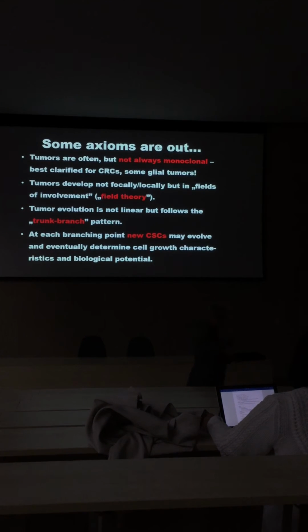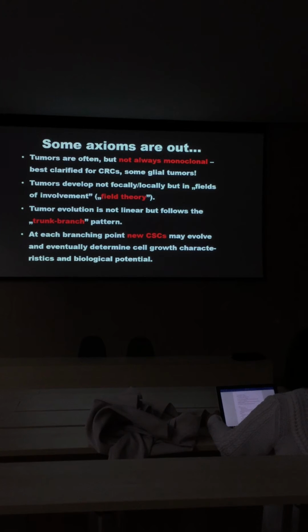Therefore, it has been well known for quite some time that urinary transitional cell carcinoma usually arises multifocally, which makes life very complicated when it comes to treating those tumors. So that's the field theory of carcinogenesis.